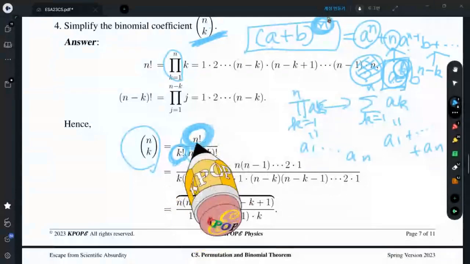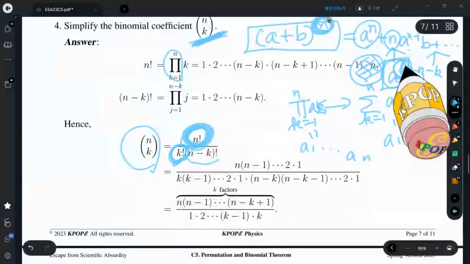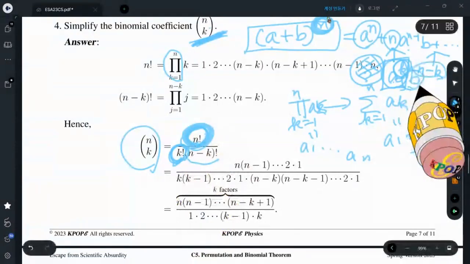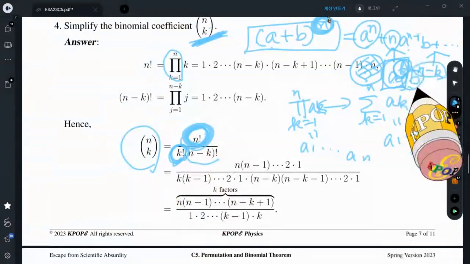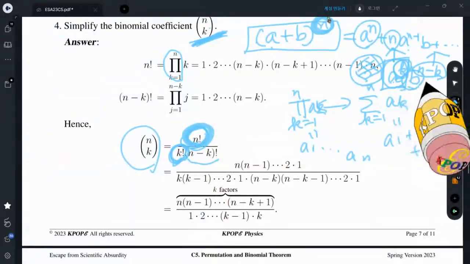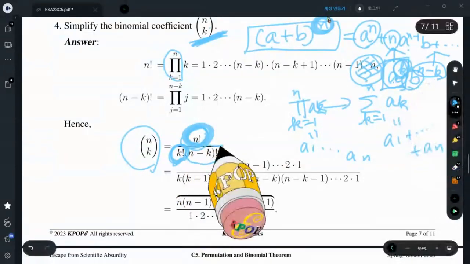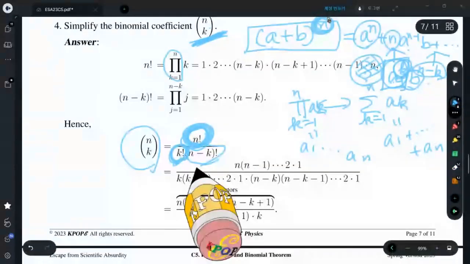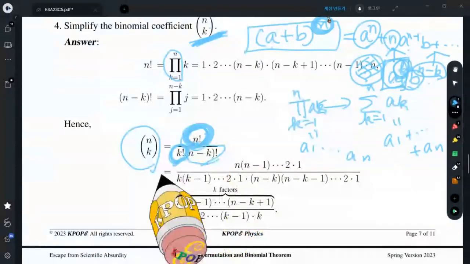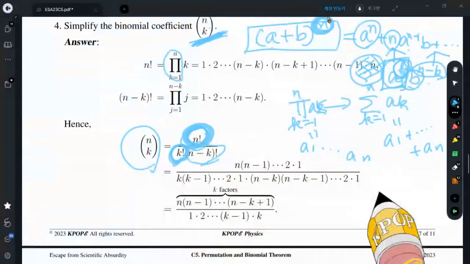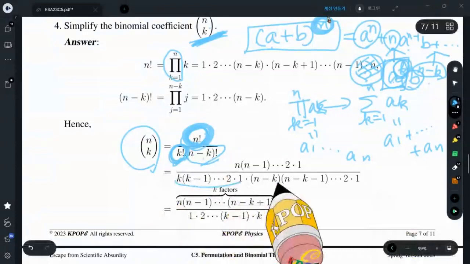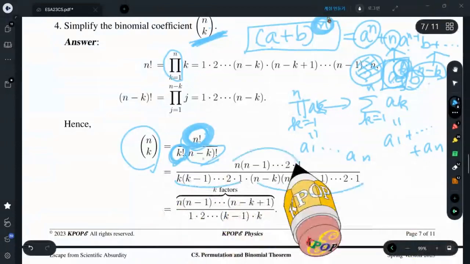In addition, b repeats n minus k times. So the same thing, they are not distinct permutations, so that should not be counted as a distinct permutation. I must divide it by n minus k factorial and multiply everything all together. So this is k factorial, this is n minus k factorial, this is n factorial.